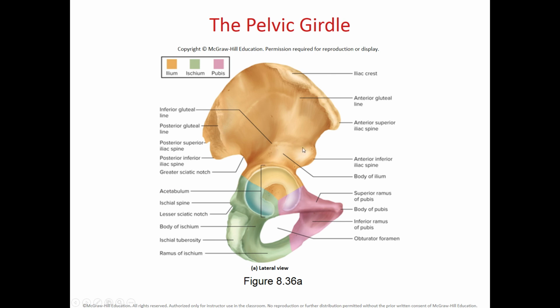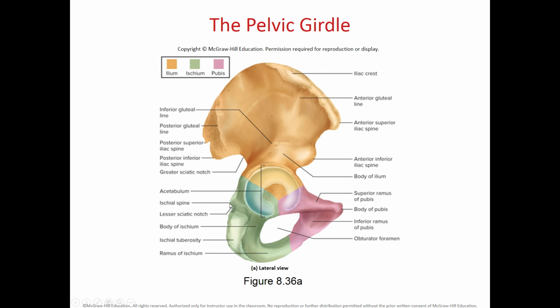So the gluteal muscles, the muscles of our butt, insert into here. And then below the posterior inferior iliac spine and above the ischial spine, you have the greater sciatic notch. So the largest nerve that innervates many muscles in our thigh and in our leg passes through here, the sciatic nerve.